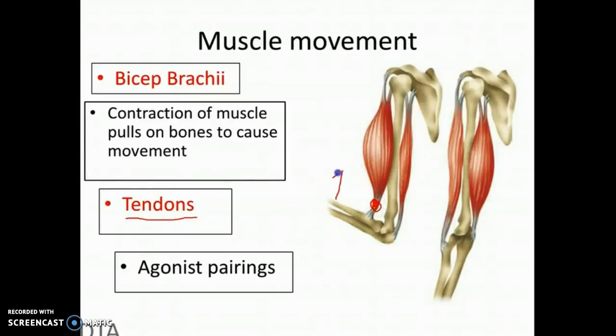So one has to contract, moving the arm upwards, and the tricep, as you can see, is a lot smaller because it's not contracting, allowing that movement. Now the bicep has relaxed, allowing the tricep to contract, pulling the arm down. So the agonist has swapped over to the tricep.